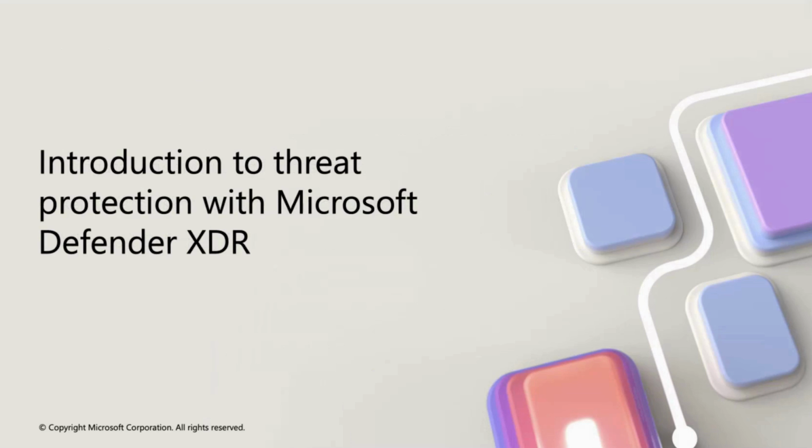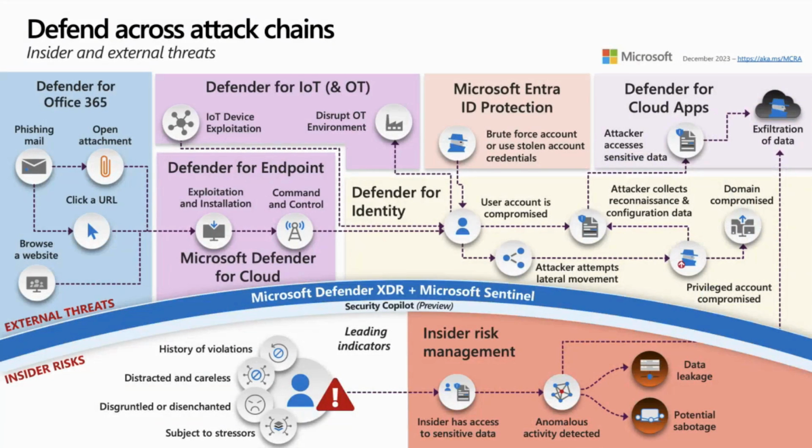So team, let's start. Let's first understand what Microsoft Defender is all about. This is kind of an attack chain. Every organization can face two types of risk: internal risk and external threats.